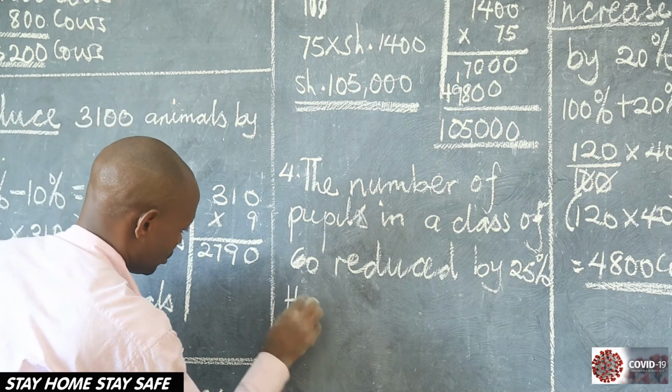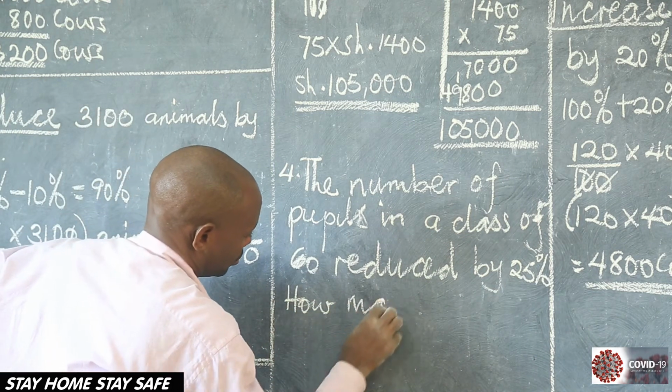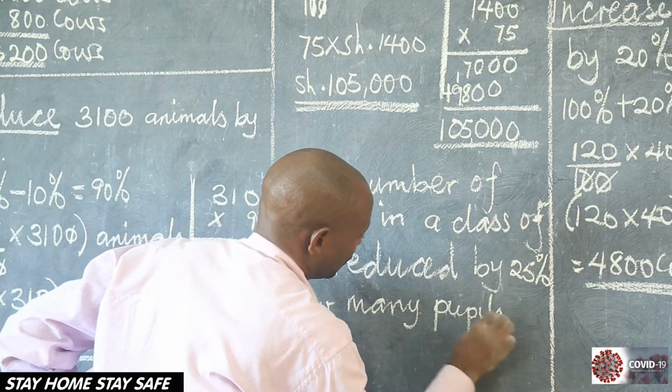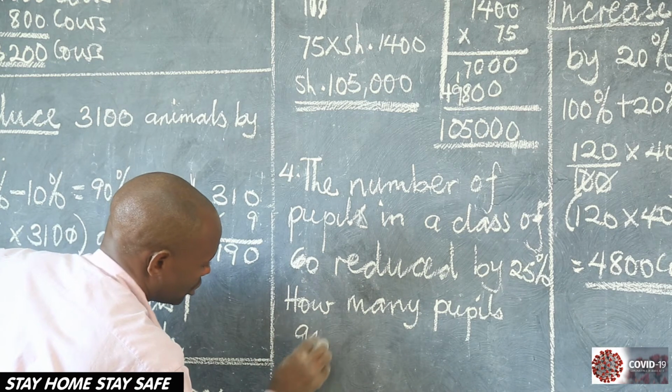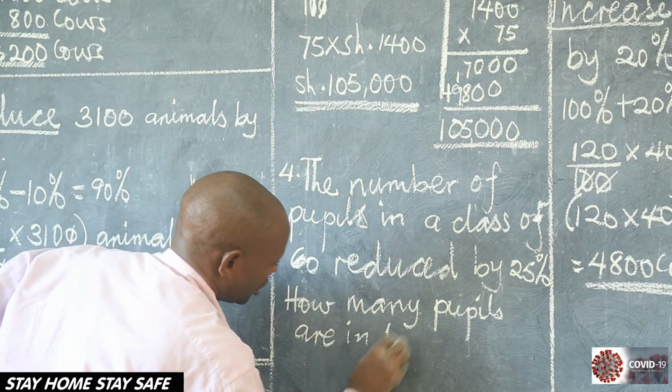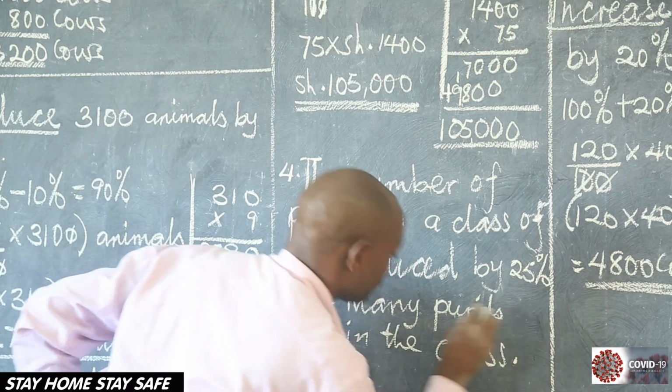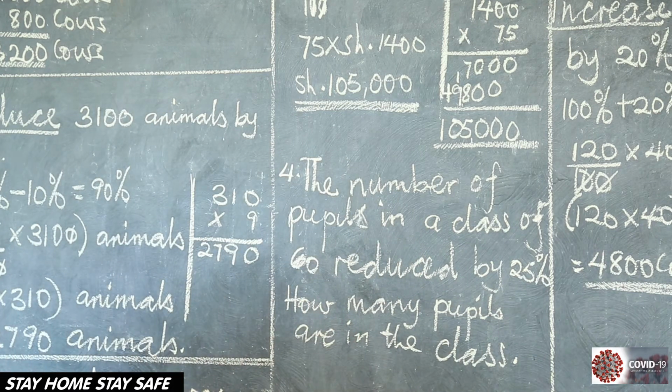How many pupils are in the class? The number of pupils in a class of 60 reduced by 25%. How many pupils are in the class?